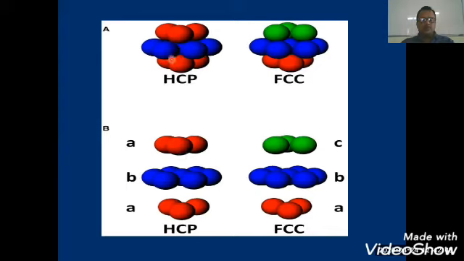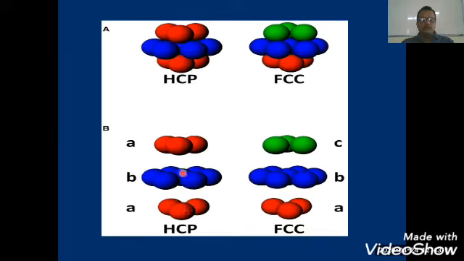If you remove these one by one, here you can see this is one unit, and this unit is surrounded by 1, 2, 3, 4, 5, 6. So this particular atom is surrounded by 6 atoms in the same plane, 3 atoms above it and 3 atoms below it.